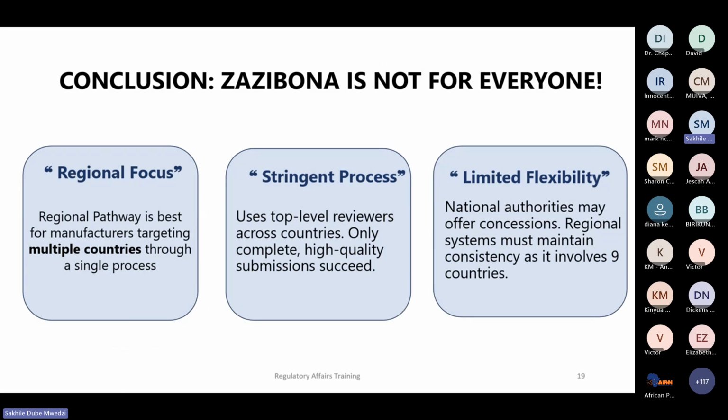So to conclude, basically, it's very, very important to understand that ZAZIBONA is not for everyone. This is a regional initiative. And so you need to also have a regional or a multi-country strategy, a business strategy. If your product is only intended to be marketed in only one of our member states, please go and submit individually to the member state where you are marketing.